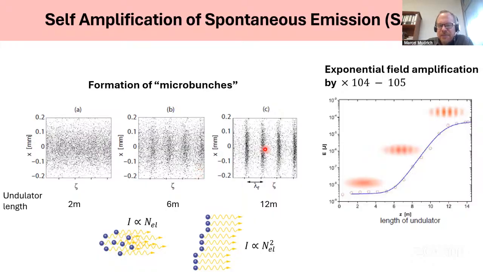But once microbunching has occurred and all electrons are arranged in the nodes or antinodes of the light field, then the light emission is in phase, and we get coherent emission of light. So this is very similar to laser radiation, and the intensity now scales as the square of the number of emitting electrons.